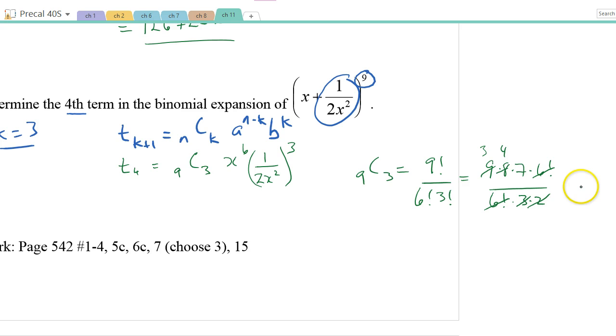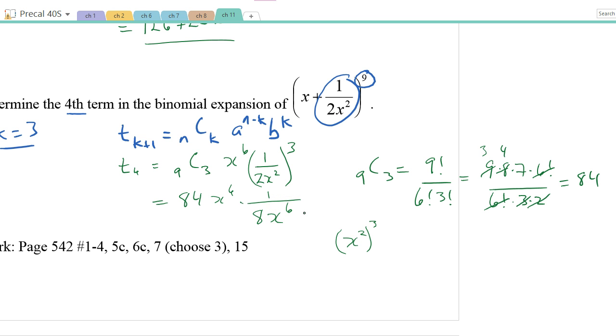So 3 times 4 times 7, 84. So this term will be 84 multiplied by x to the 6th times, now what happens here? Well, my 2 is going to get cubed, so I'm going to say 1 over 8. Now when x squared gets cubed, remember we multiply those exponents, so it's going to be x to the 6th.